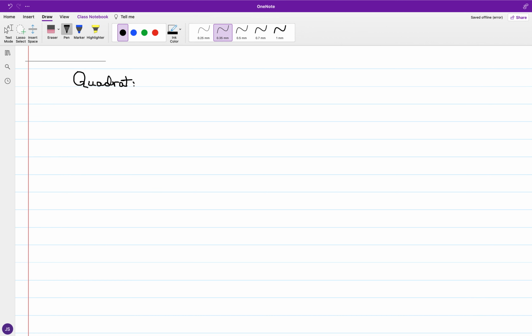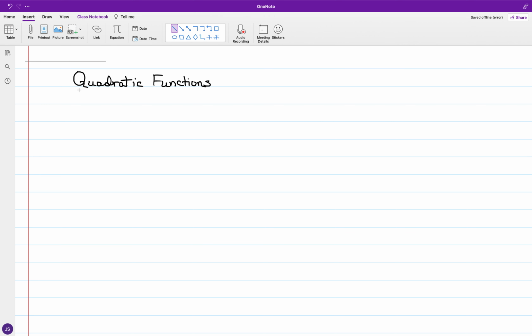Okay, so for what we have in the case of quadratic functions, now quadratic functions are going to be second degree functions.